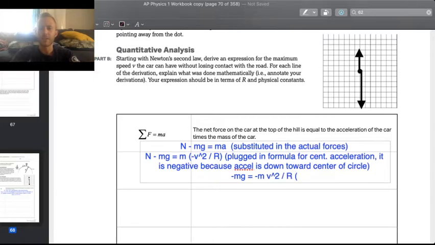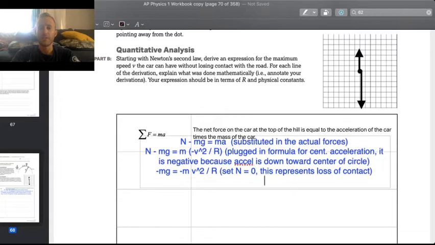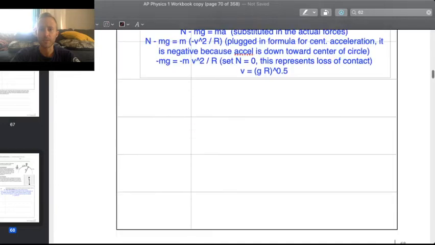And so I set normal force equals 0. This represents loss of contact. And then I would just do algebra to find that v equals g times r to the 1/2 power. Okay? So that's what I would say.